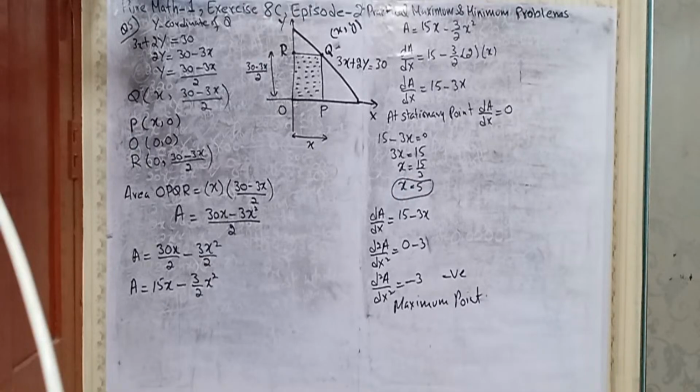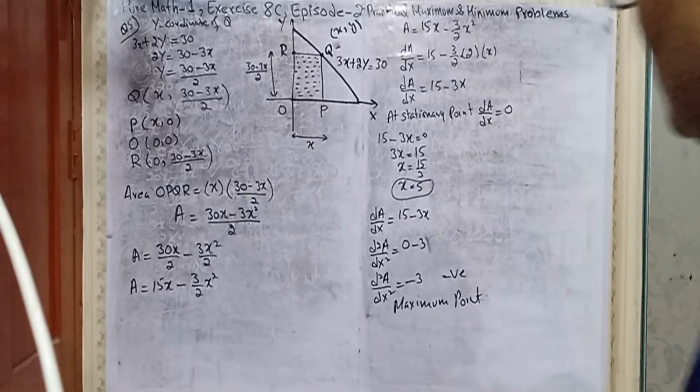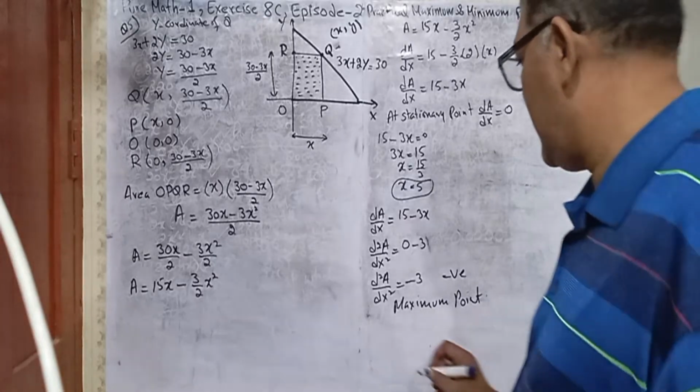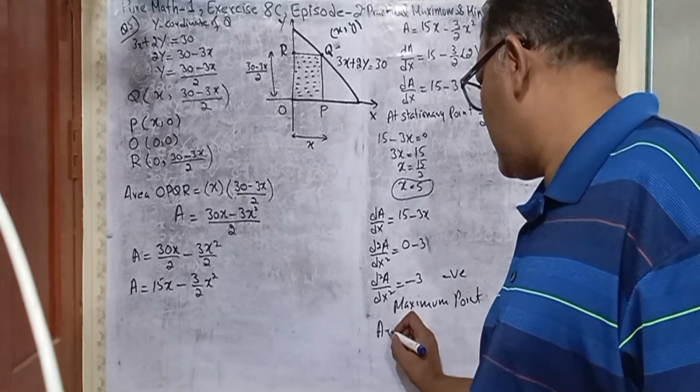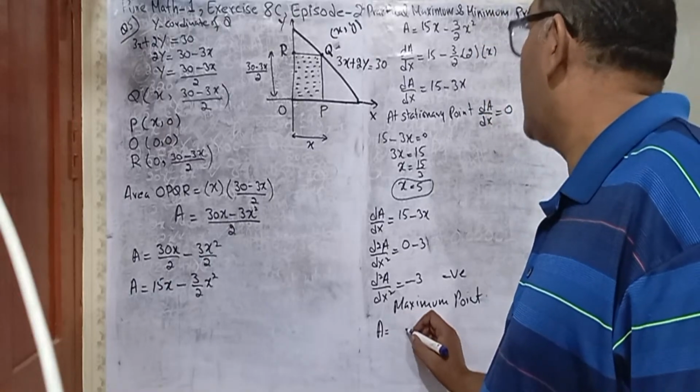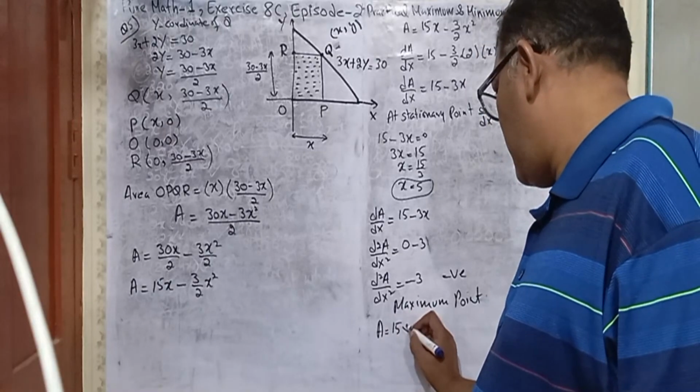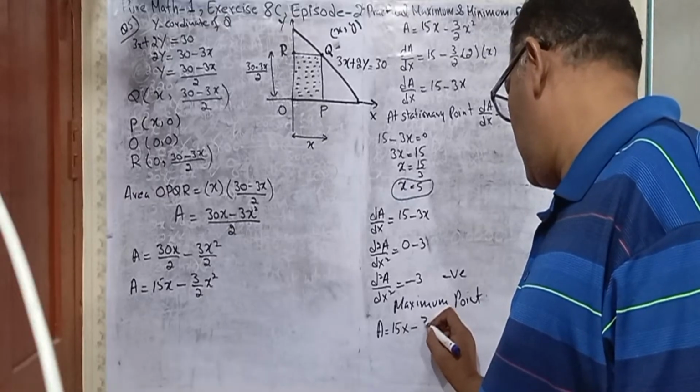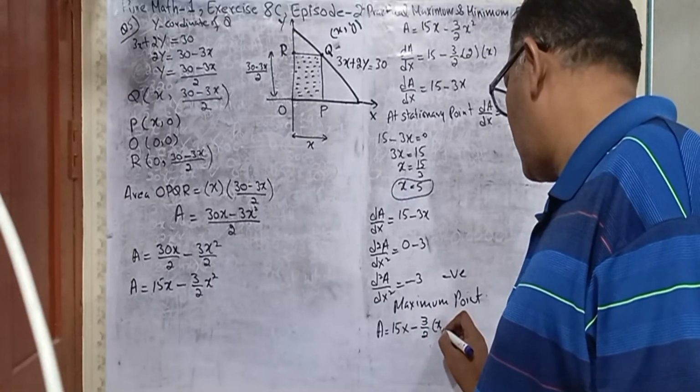Now they said find the stationary value of A and determine its nature. I have to find the value of A as well at this value of x. So I write the area equals 15x minus 3 by 2 x squared.